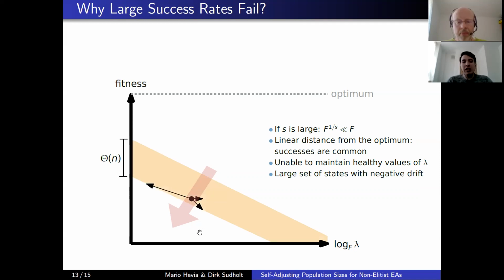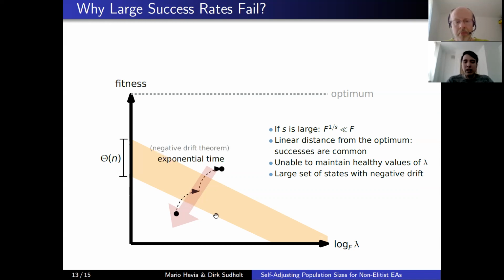What we managed to show is that there is a large set of states where this happens, where there is a negative drift. And whenever the algorithm tries to reach a point in this set, it is pushed back by the drift towards the lower left corner. And this is repeated over and over again.